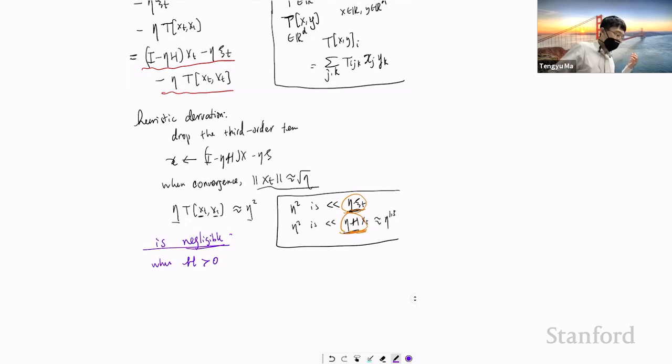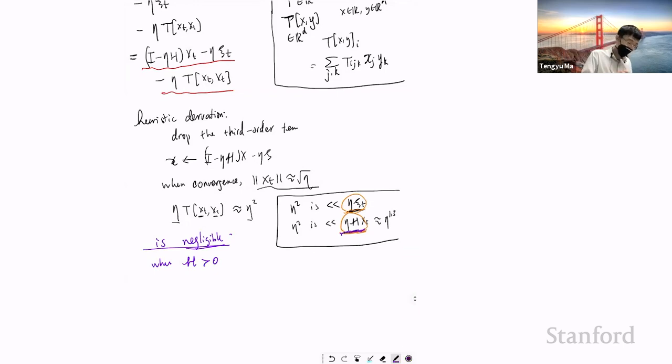However, when H is not strictly PSD, this term is only on the order of eta to the 1.5 when H is not 0, right? If H is 0 in some direction, then this eta h xt term is just literally 0. Then the eta squared term is winning, right?